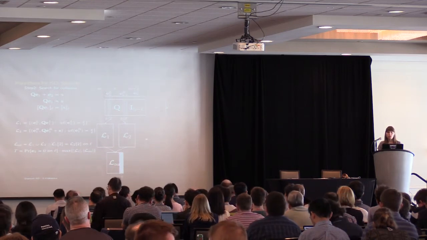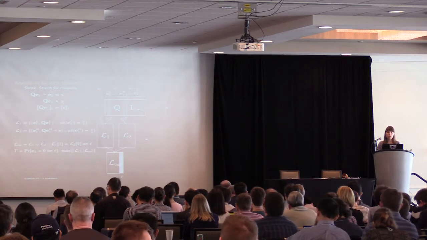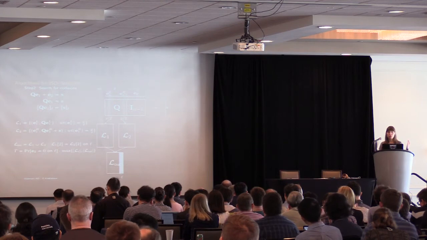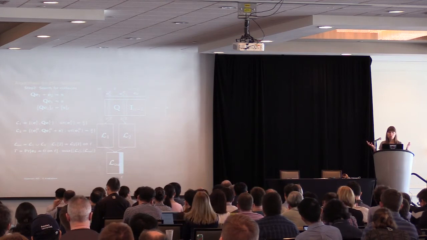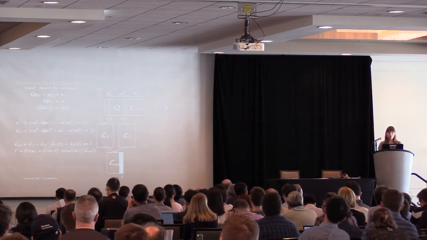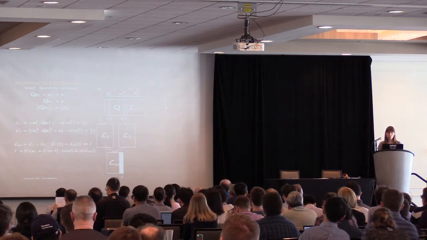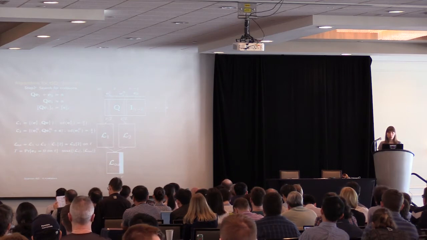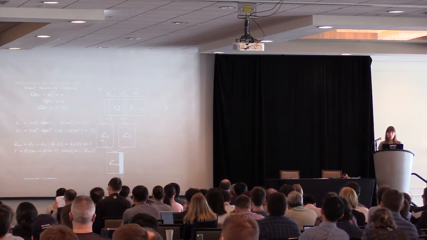Now, classically, the running time to search for the collision between L1 and L2 would be, you simply sort L1 and L2 in time soft O of size, and just search for the two values that are equal. So this is why this running time is here. It's the maximum between the input and the output.